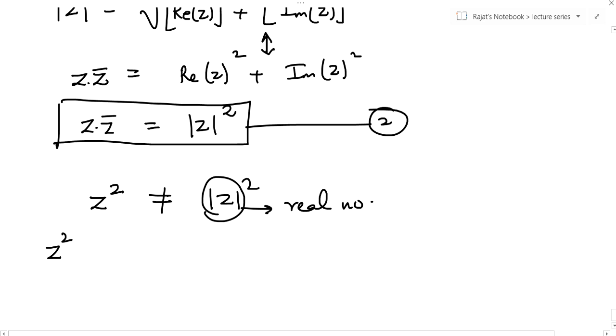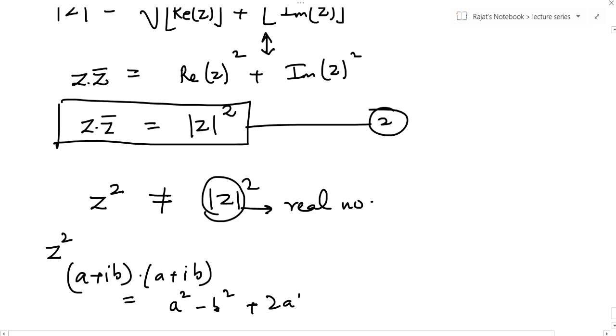In the previous lecture, I told you that z square or z cube or z to the power 4 can be easily found. Z square will be a plus ib into a plus ib. This will be a square minus b square plus 2abi. So it has a real part and an imaginary part.